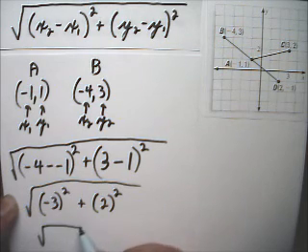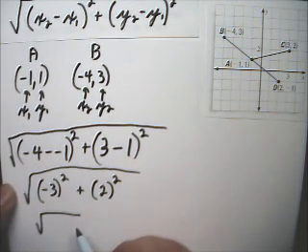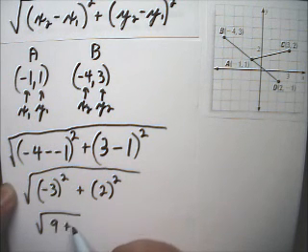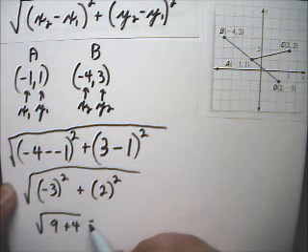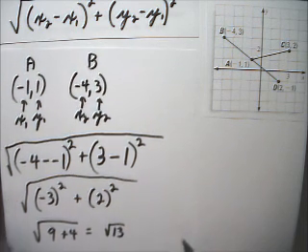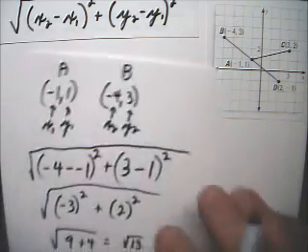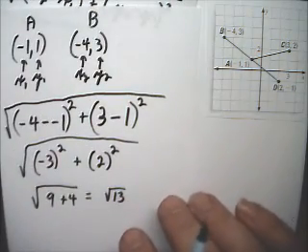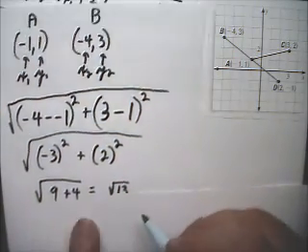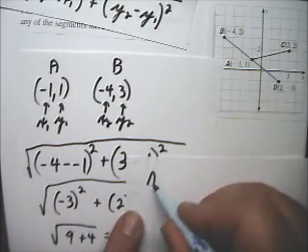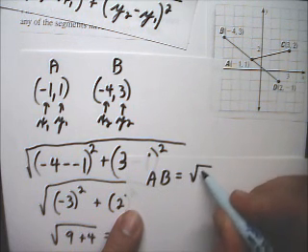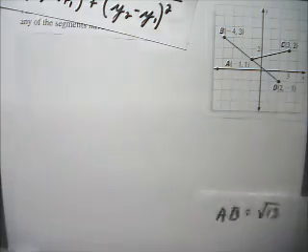So this is the square root of 9 plus 4. So this is radical 13. So AB equals radical 13.